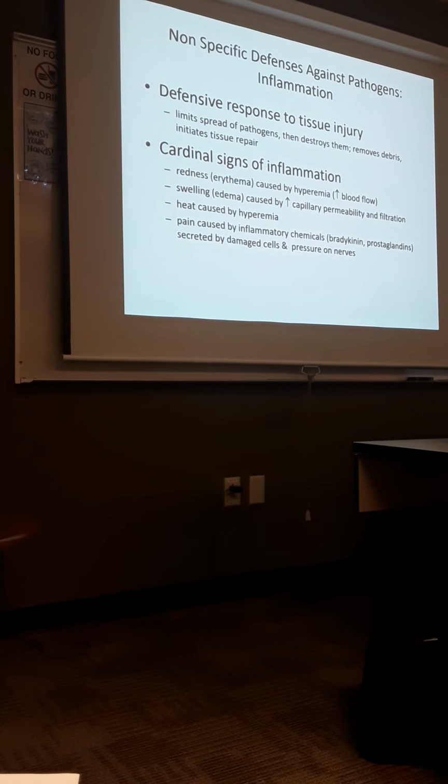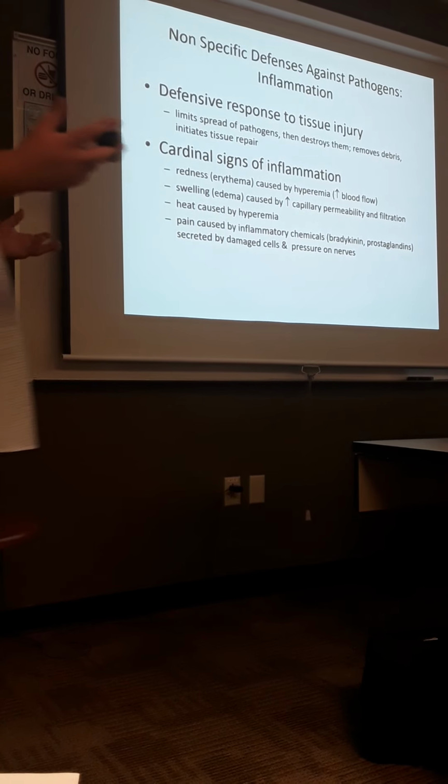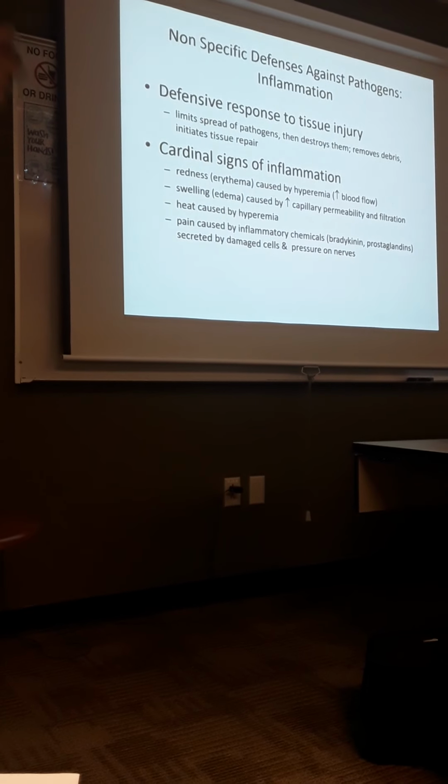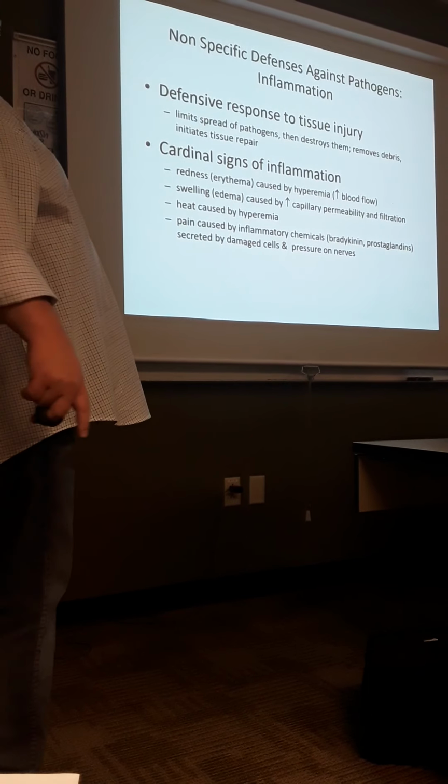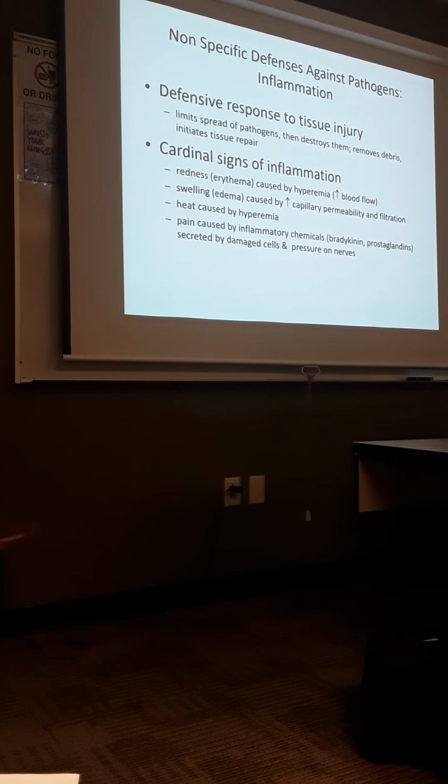Pain is going to be caused by chemicals that are going to be released. Inflammatory chemicals secreted by the damaged cells that are going to stimulate nerves, or can be caused by pressure on nerves. Okay? So pain is a good thing. Pain prevents you from using that area or promotes you to protect that area, to promote healing.